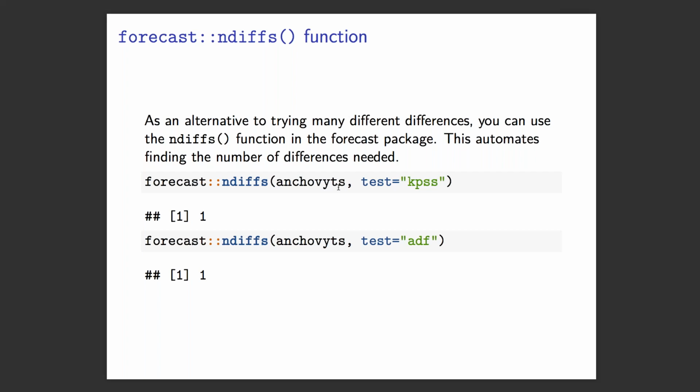This is using the augmented Dickey-Fuller, but it knows that when it takes the first difference, it knows to remove that trend. If you took a second difference, it would know to remove the constant also. So it's smart that way. You don't have to remember to do that. It does that for you. And it tells you that you need 1 difference to make your data stationary. So how would you use that?